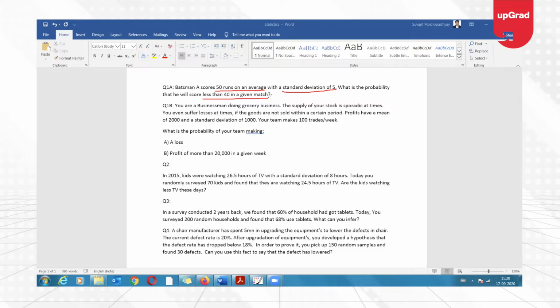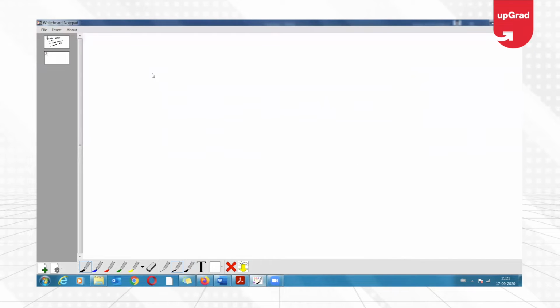So if for any given match we have to predict his score, or in this case we want to predict that he will score less than 40, we want to find out what is that particular probability, what are the chances. So let's get down to work. So let's first write down what is the information we have.